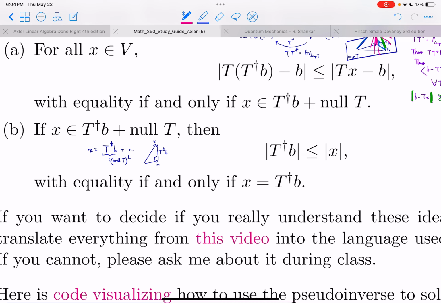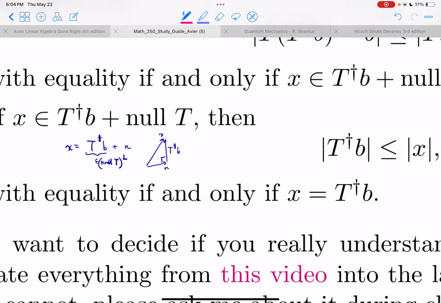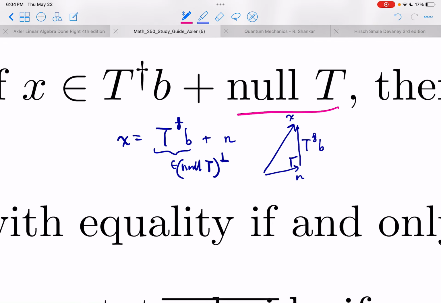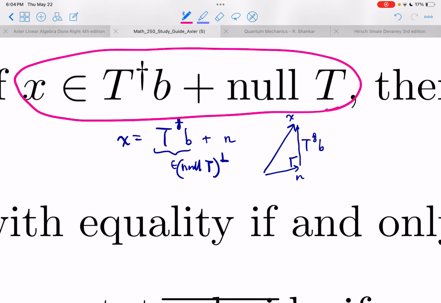What about this one? Okay, so if x is in this space, this is a vector plus something in the null space, so I'm just going to write that vector plus something in the null space, little n is in the null space of T. So if x looks like this, then first of all, remember that T dagger b is in the null of T perp, because remember the definition of T dagger, it was defined to be inverting from the null of T perp.